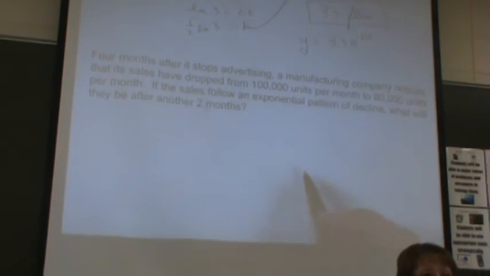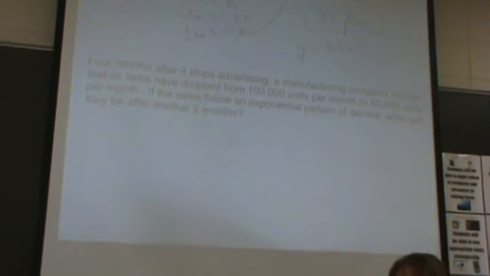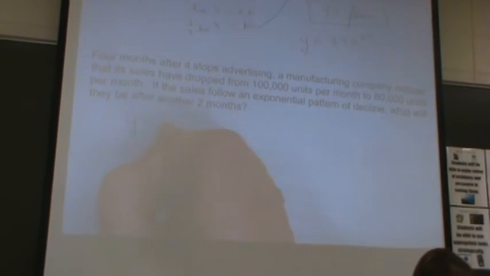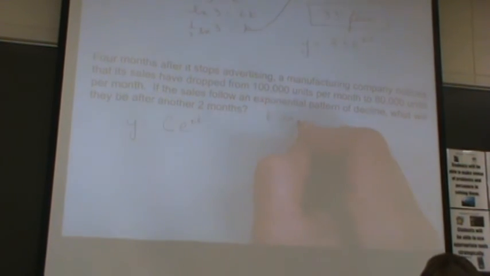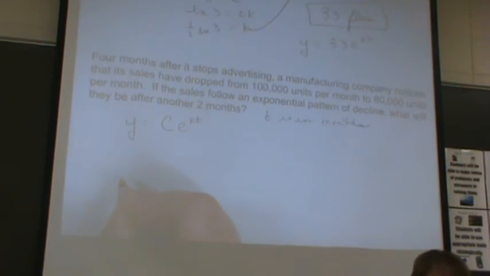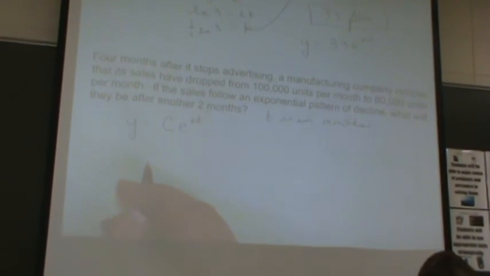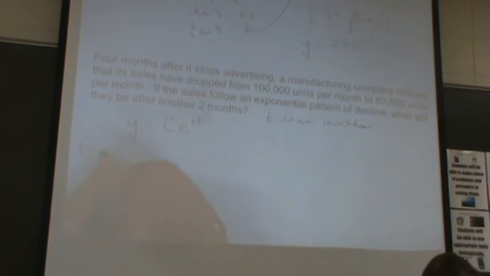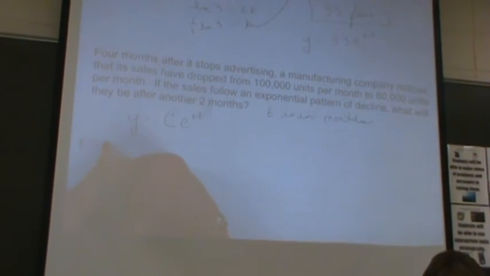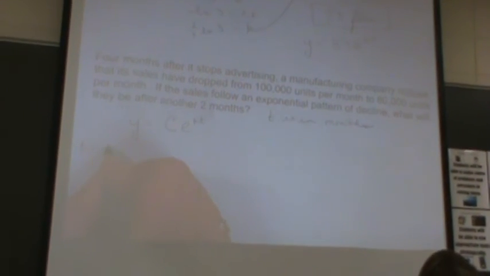Okay, so what are we going to start with here for an equation? If it follows an exponential, we're going to be back to that same equation. This time t is in months, so just file that away in the back of your mind. What information do we have? Do we know the beginning?